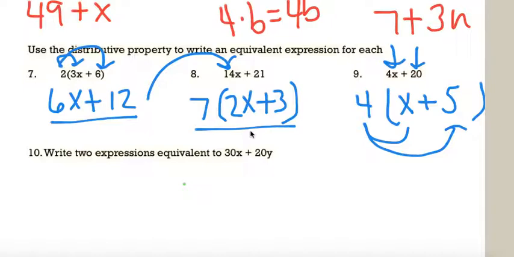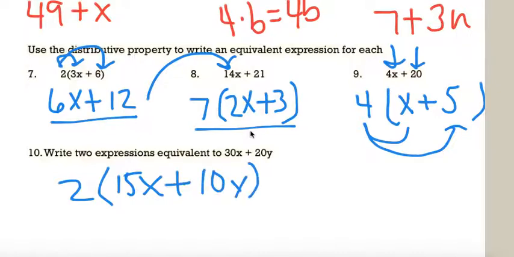What is a common factor that 30 and 20 share? Well, the first one that comes to mind is 2. I know that 2 can go into 30 15 times, and 2 can go into 20 10 times. I also know I could have used 5. 5 goes into 30 6 times, 6x, and it goes into 20 4 times, so 4y.